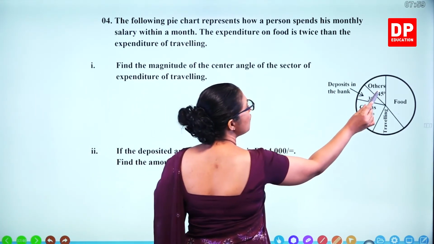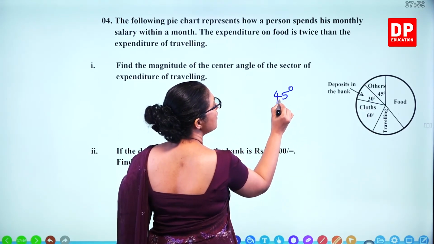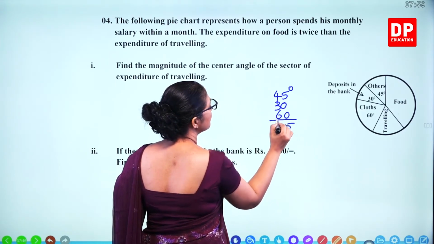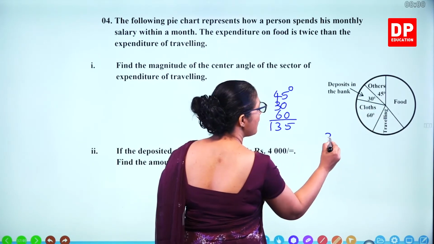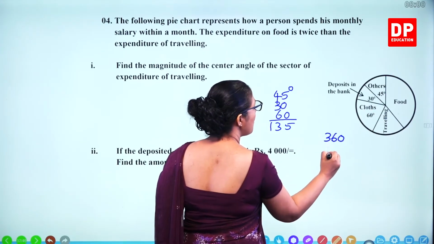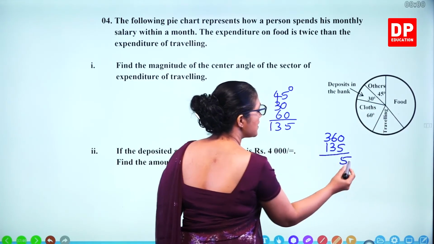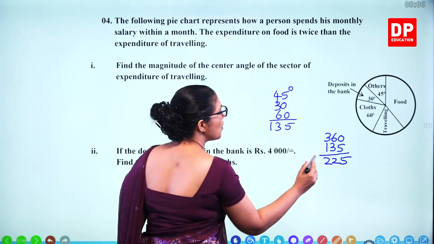So this is given: 45, 30 and 60. So what's the addition? 45, 30, 60, 135. Now the whole circle is 360. So when you subtract 135, you get the remaining part. So what is that? 225 degrees.